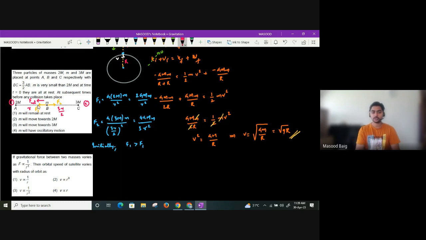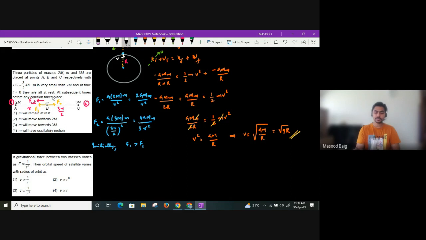Now as it is moving towards the 2m mass, is the distance value decreasing or not? Yes. If the distance is decreasing, what will happen to the force value? It will continue to increase. What will happen to this other force value? It will continue to decrease. Yes or no, guys? Initially, I'm saying initially F1 is greater than F2.